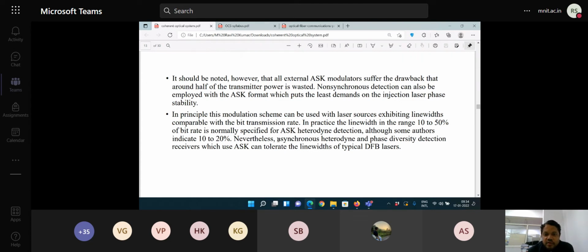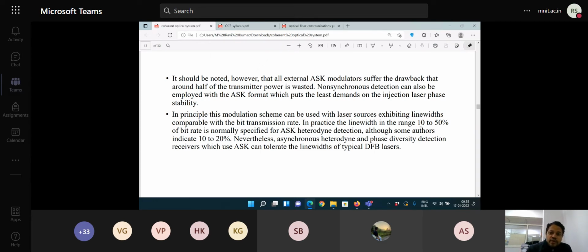So, if this asynchronous heterodyne detection is implemented, then the line width need not be all that low. Typical DFB lasers can be used, which have line widths of the order of some 1 nanometer or so.